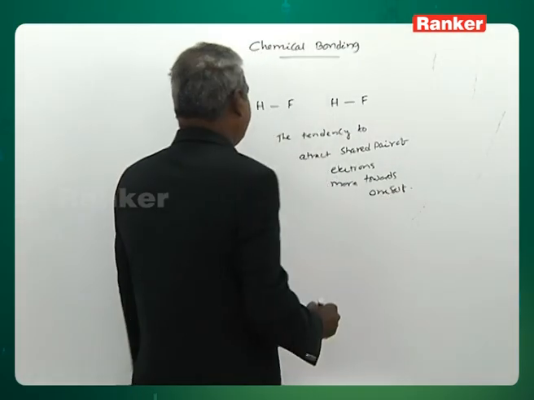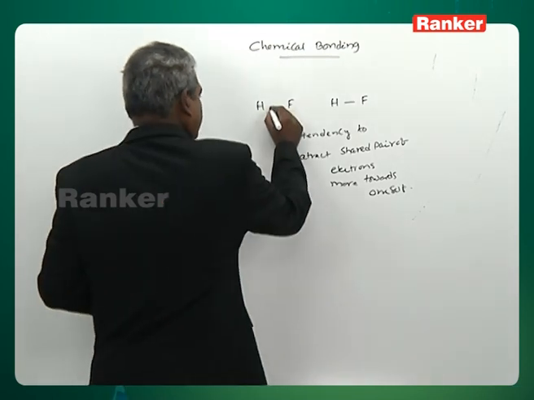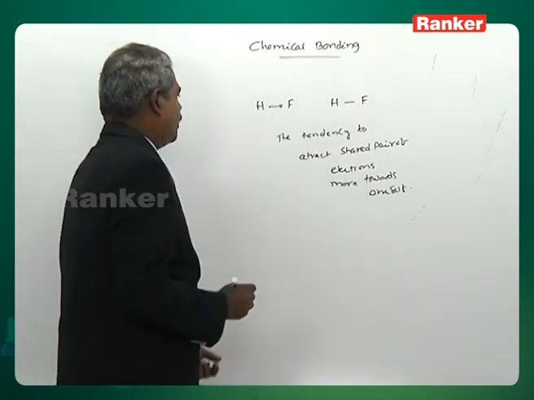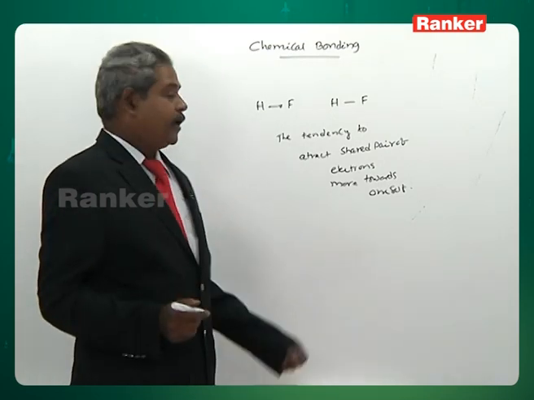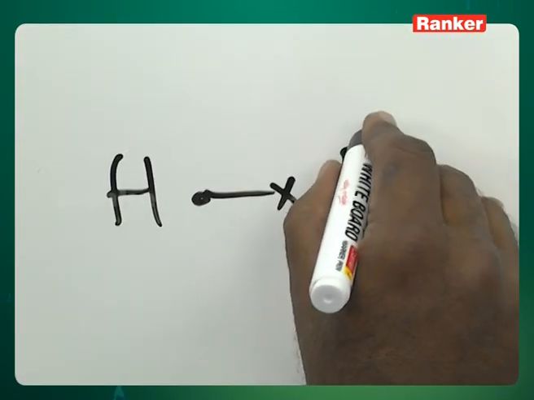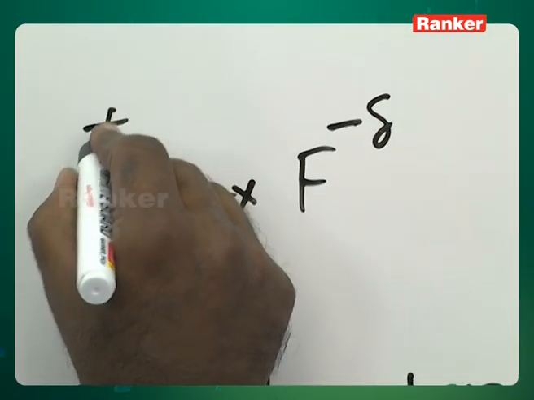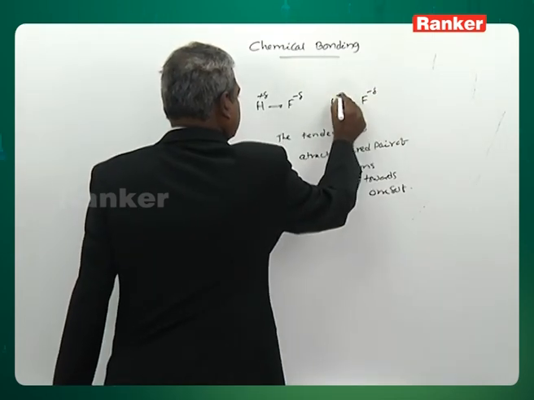Here these 2 electrons belong to both hydrogen and fluorine equally, but fluorine wants to enjoy a lion's share of it. Therefore, it becomes minus delta and plus delta. And here this fluorine is also minus, plus.